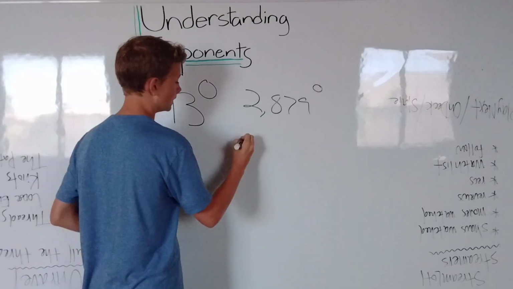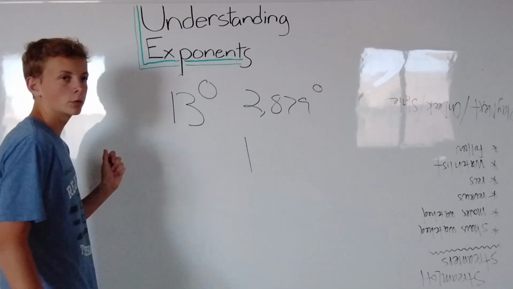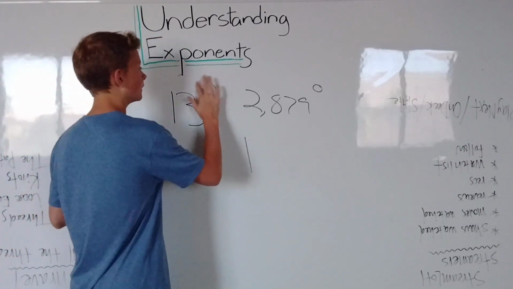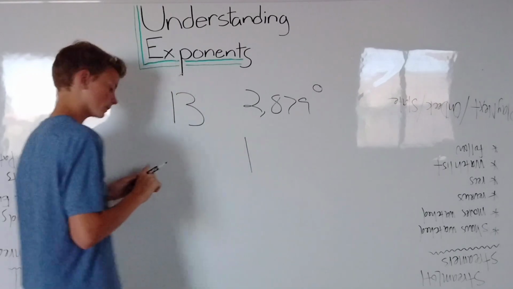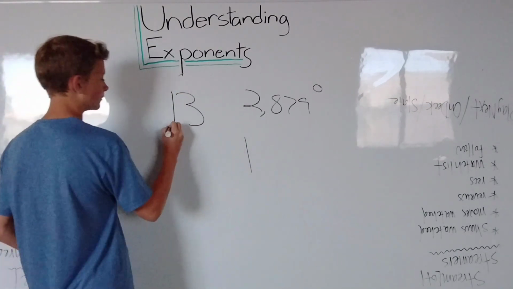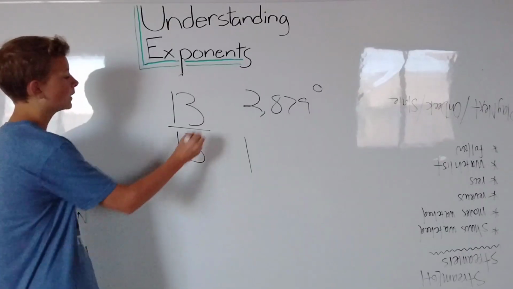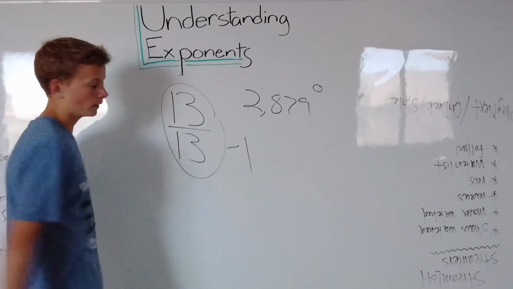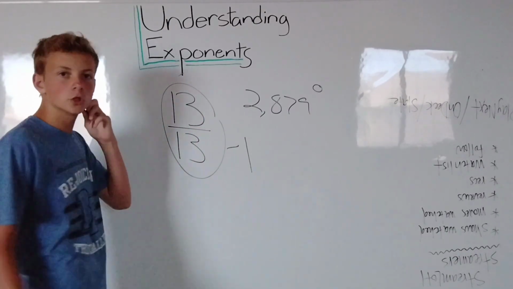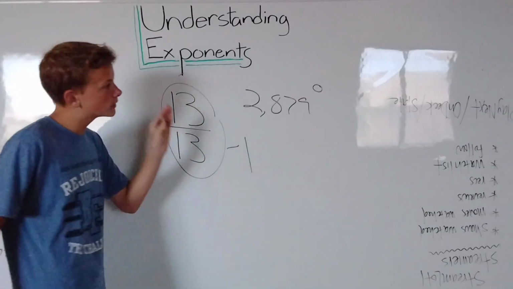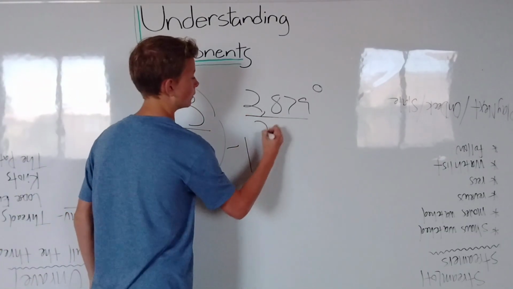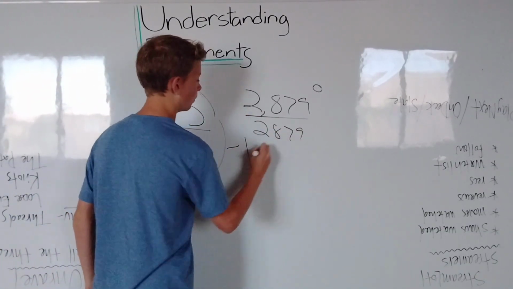It will always equal 1, no matter what you do. Because if we take away the 0, all it does is put 13 divided by 13. What does this equal? It equals 1. So instead of doing that, you can just know that if there's a 0 exponent, it equals 1.